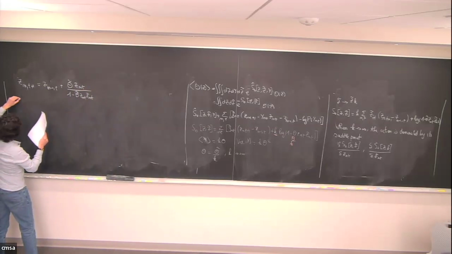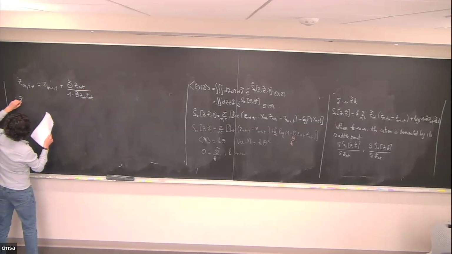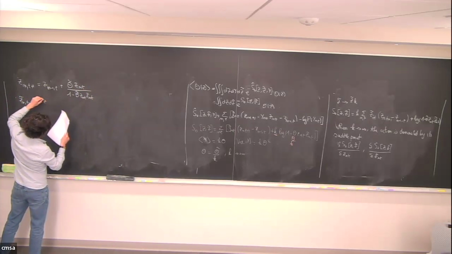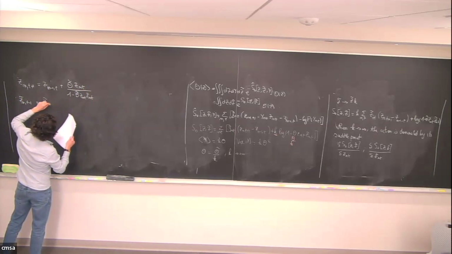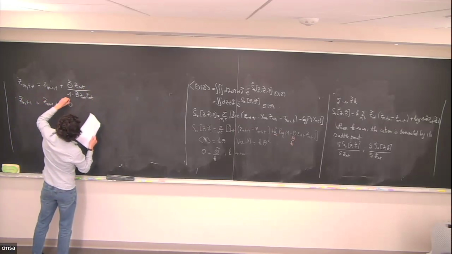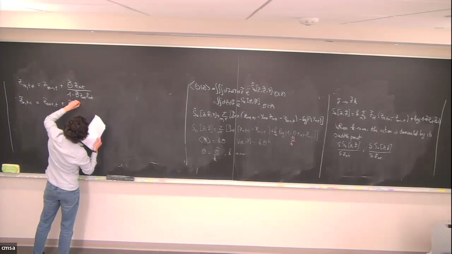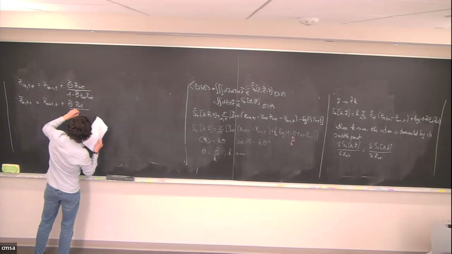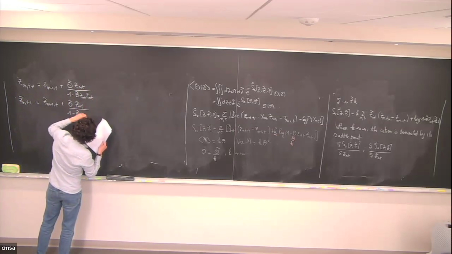And the second equation, for Z tilde, is that Z tilde of n, t minus 1 is equal to Z tilde of n plus 1, t plus theta tilde Z tilde of n,t divided by the same factor as above, 1 minus theta tilde Z_{n,t} Z tilde_{n,t}.